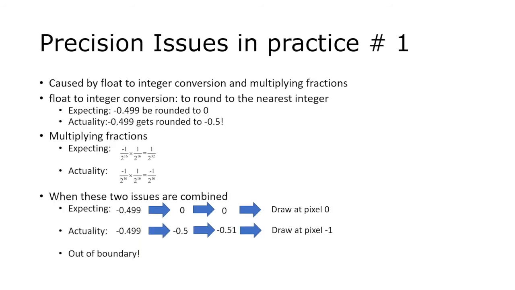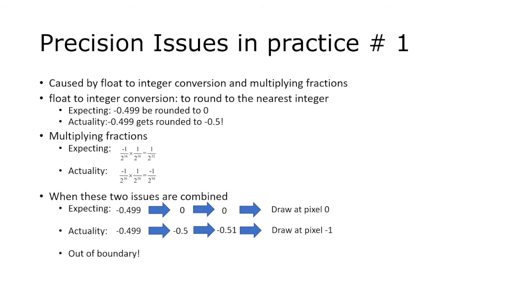The first vulnerability in Skia we will talk about is caused by integer to float conversion and multiplying fractions. There's a function in Skia that converts float to the closest integer. And if the input is negative 0.499, since floating point cannot be exactly represented, that function somehow rounded to negative 0.5.